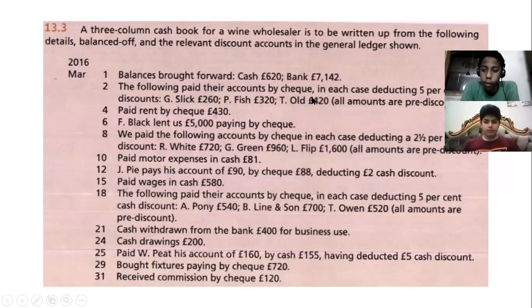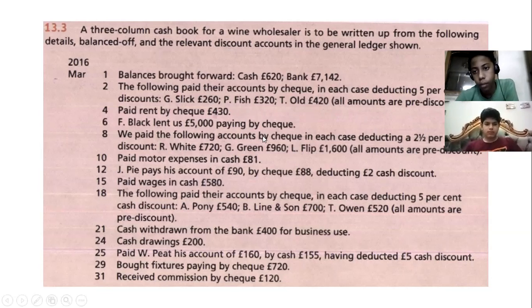Listen, another new thing: in each case they have paid their account by cheque, deducting 5% cash discount. The amount is 260. What does it mean? We have to subtract the discount. They didn't pay the full amount of 260; they paid less with a 5% cash discount.